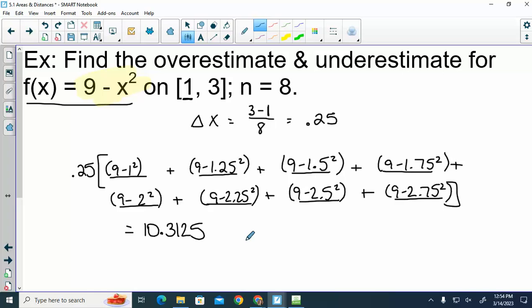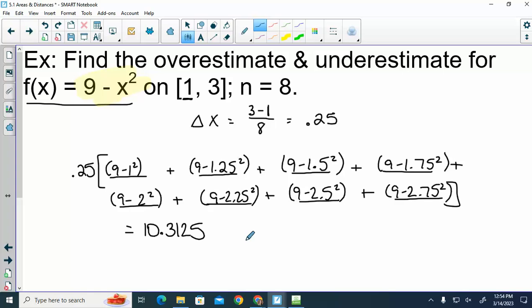How do you think I'm going to know which is the over and under estimate without having a picture to look at? The big number and the little number. Yeah, the bigger one's the overestimate, the smaller one's the underestimate. You're welcome to draw a picture too, and you can see that for sure.